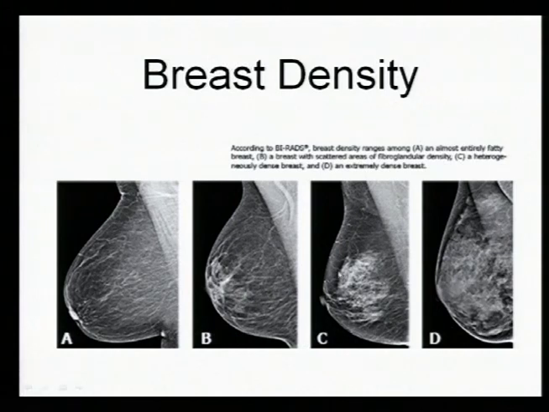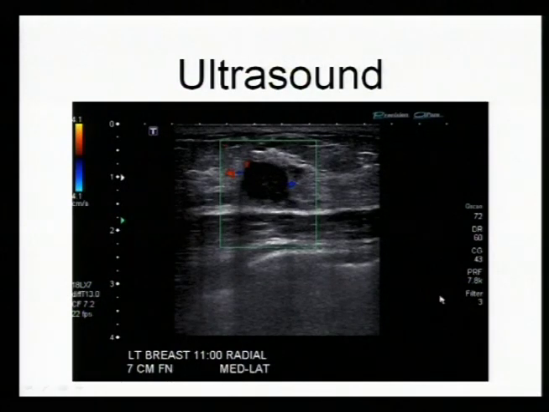So that's important, obviously, for detection of cancer, but also risk stratification as well. So women that have dense breast tissue have a much higher risk of breast cancer, and at the same time have a less likelihood of having it found on a mammogram just because of the dense breast tissue.